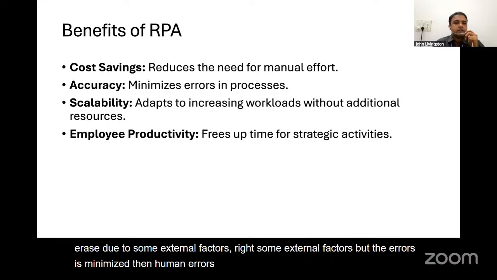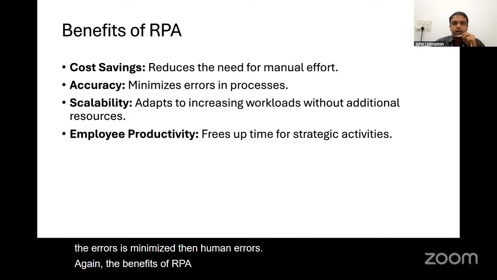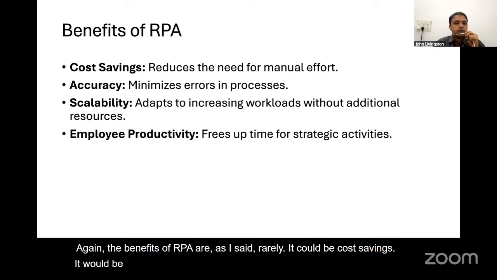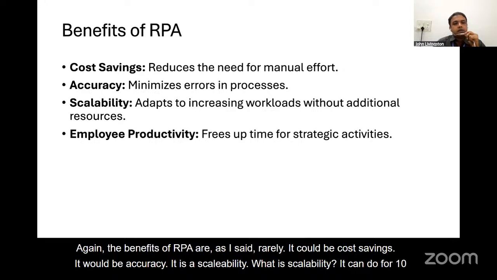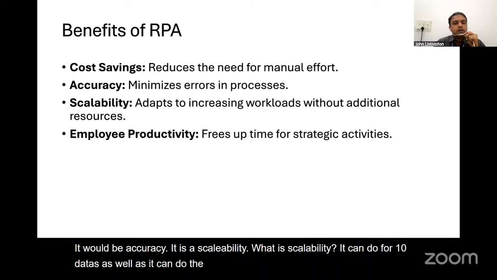Again, the benefits of RPA, as I said early, could be cost savings, could be accuracy. It is scalability. What is scalability? It can do automation tasks for 10 datas as well as for 10,000 datas. So that comes under the word scalability.